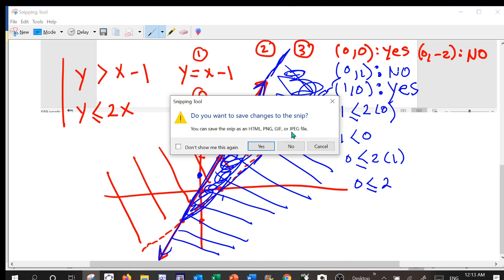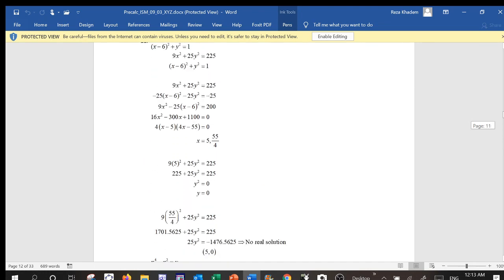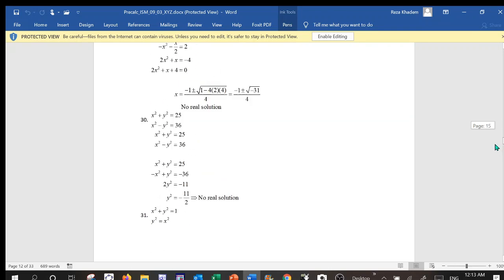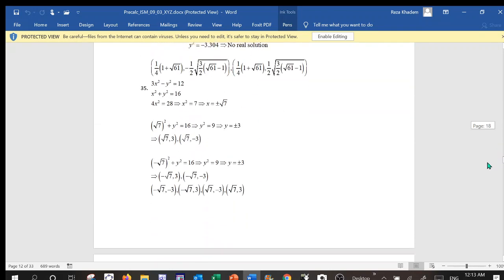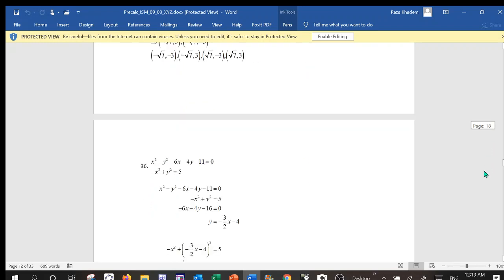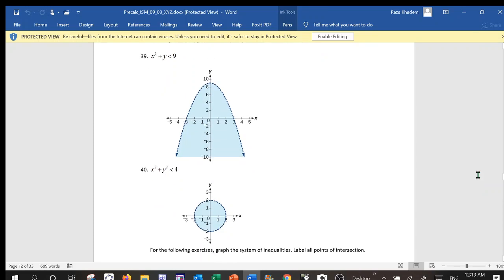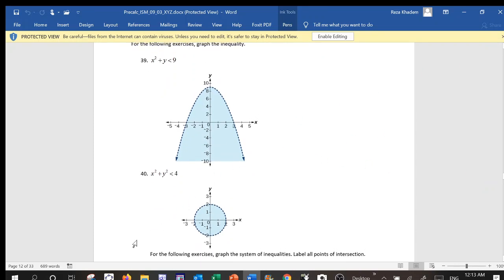Now let's do one of the problems here. So let's see if we can find a good inequality to solve. So here is 1, it's just 1 instead of a system, so we can look at it.